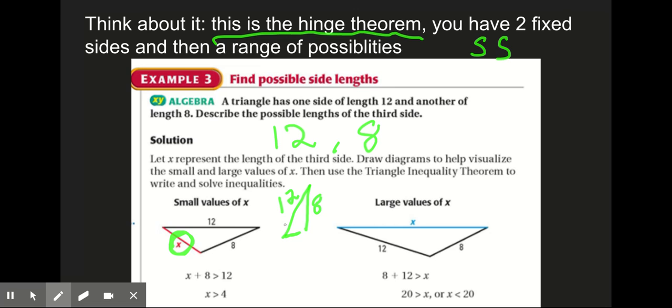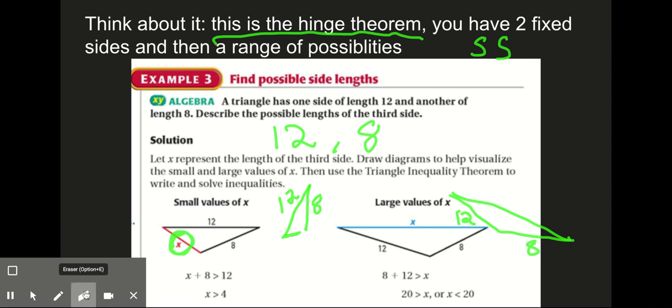And then there's got to be a largest possible side, meaning there's got to be a space where at a certain point I've just overstretched it. Where even if I say that this is 12 and this is 8, if I go much further, I'll be destroying the integrity of the shape. Okay.